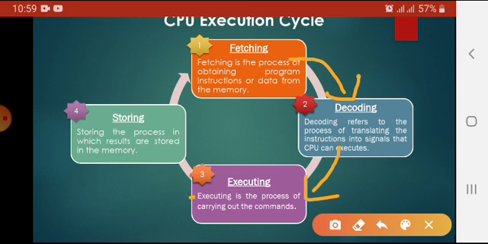After execution, the storing is performed. Storing is the process which is used to store the results into the memory. When the instruction has completed its execution, the results are to be stored, and these results are stored during the storing process of CPU execution cycle, and after this again the fetching process is conducted.